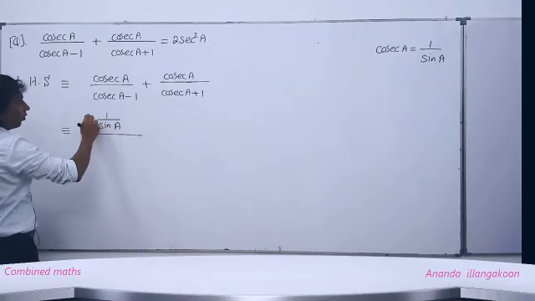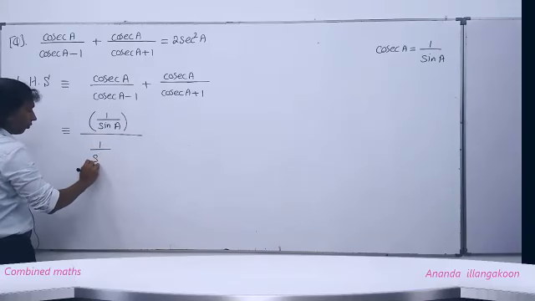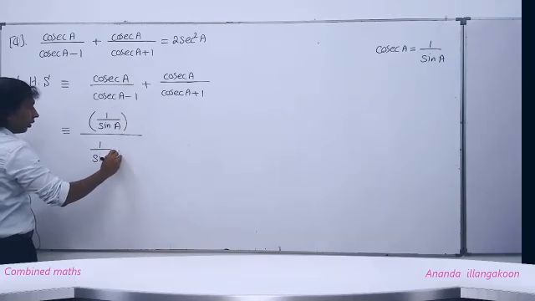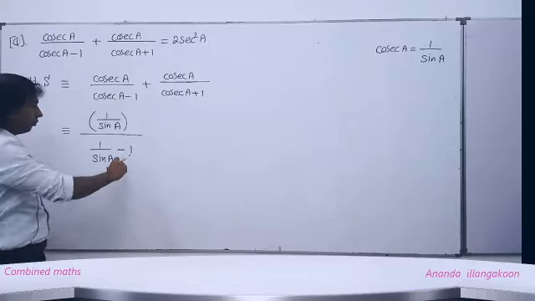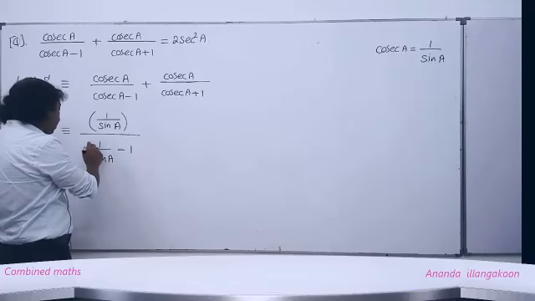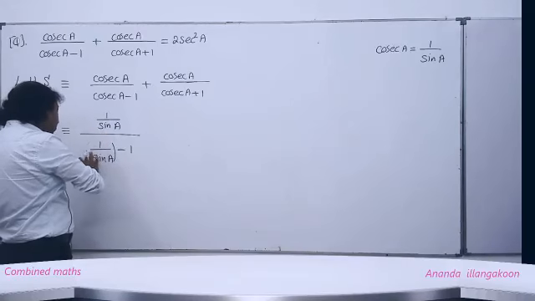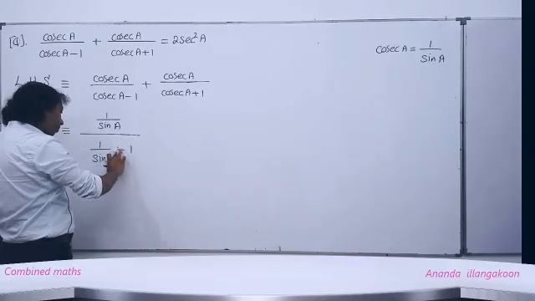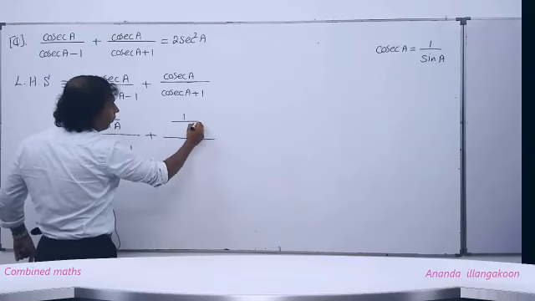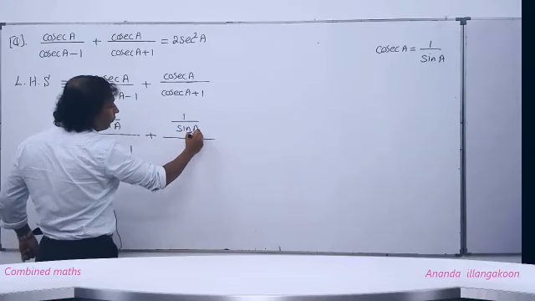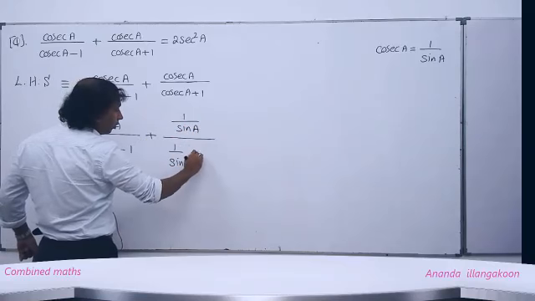Cosec A is 1 upon sin A. This cosec A, 1 upon sin A minus 1. So you eliminate this bracket, never mind. And here also 1 upon sin A, 1 upon sin A plus 1.